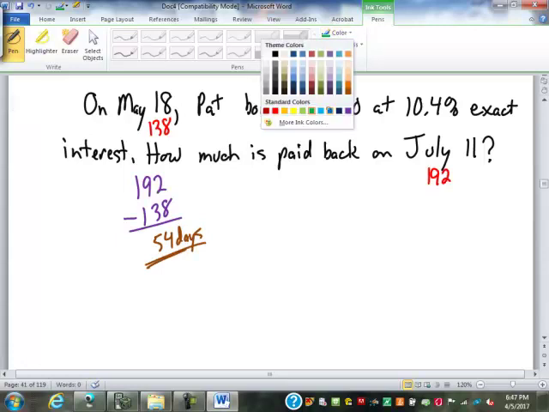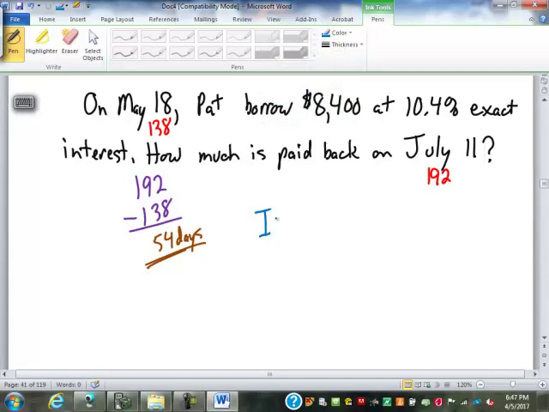So now our interest is our principal of 8,400 times 0.104 times 54 over, and it does say exact, it's over 365.